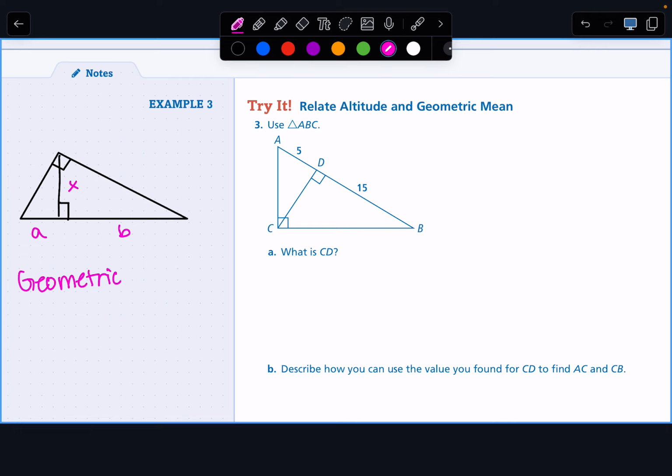Next to example 3. When we have the altitude, it is the geometric mean between the two pieces of the big triangle's hypotenuse.